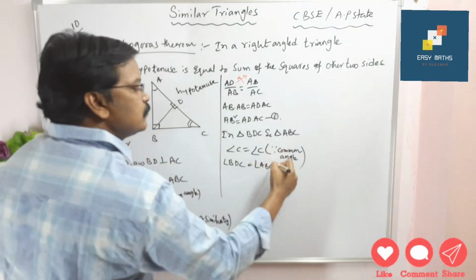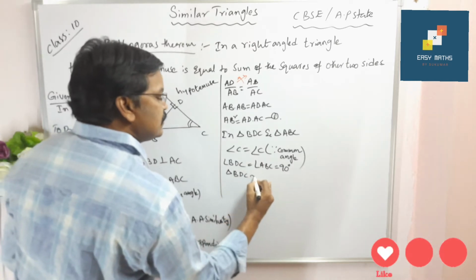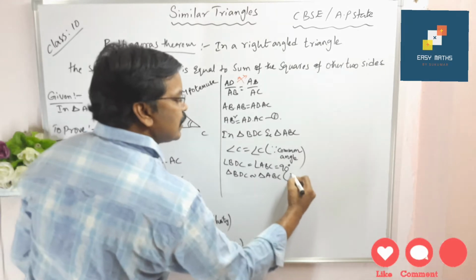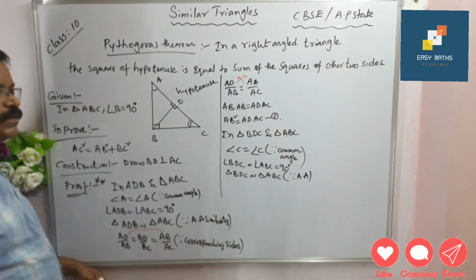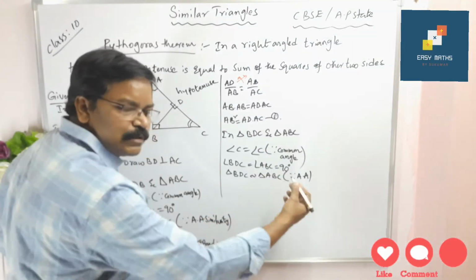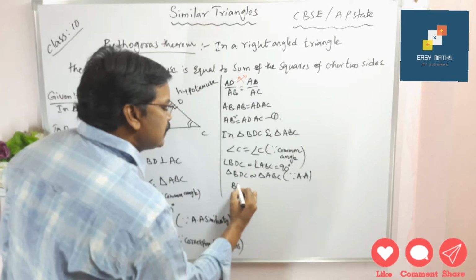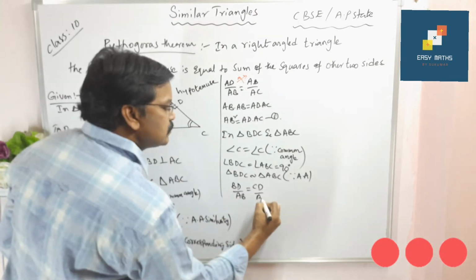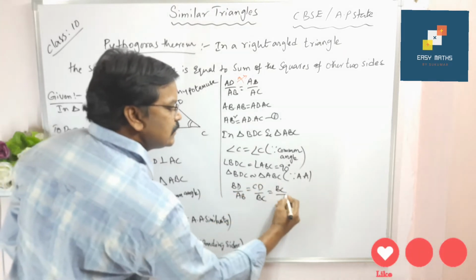So from these two, my dear students, we can write triangle BDC is similar to triangle ABC, since AAA similarity. Now, whenever the two triangles are similar, the corresponding sides are proportional. That means BD by AB is equal to CD by BC is equal to BC by AC.